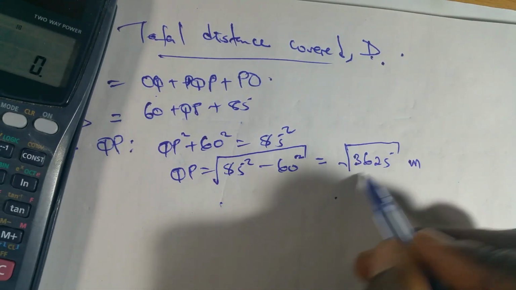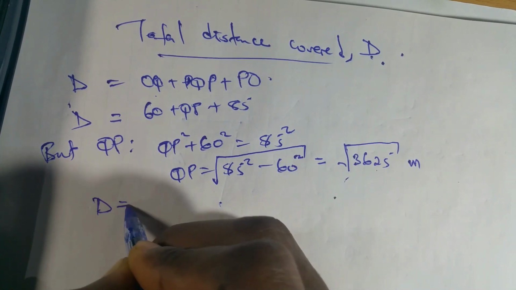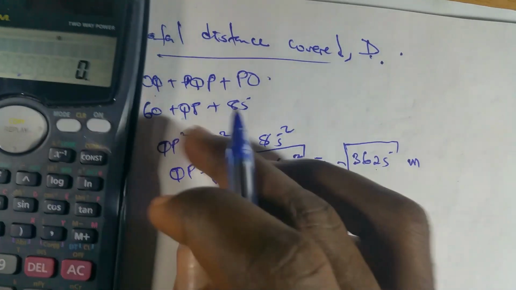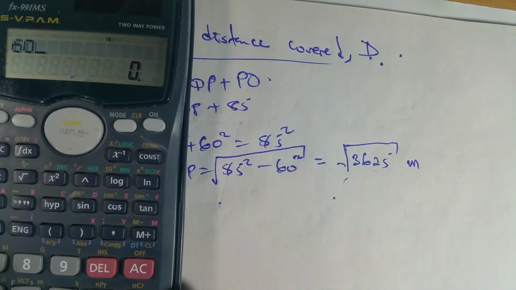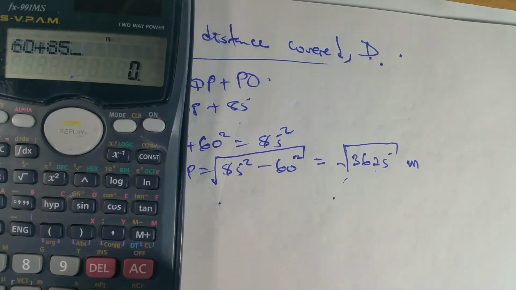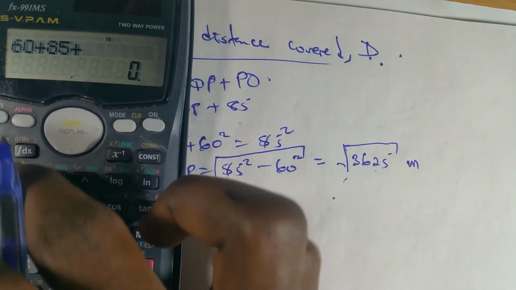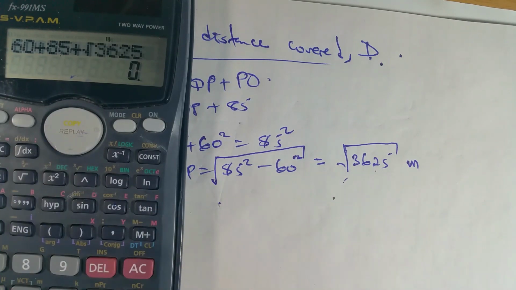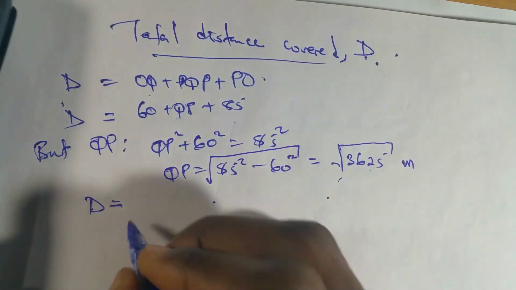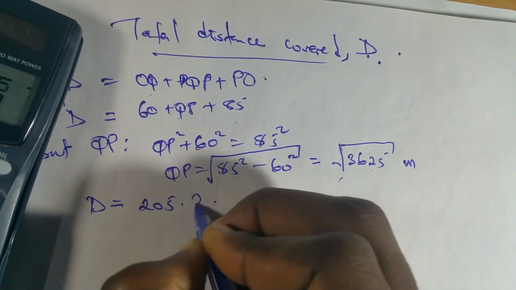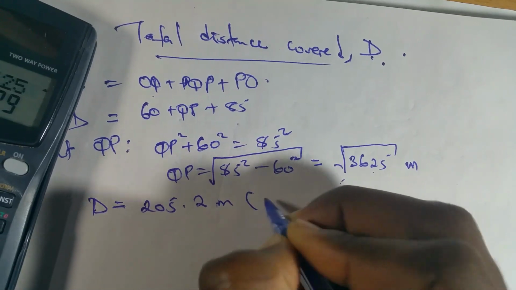That means our D is going to be 60 plus 85 plus root of 3625. So our distance is actually 205.2 meters to 1 decimal place.